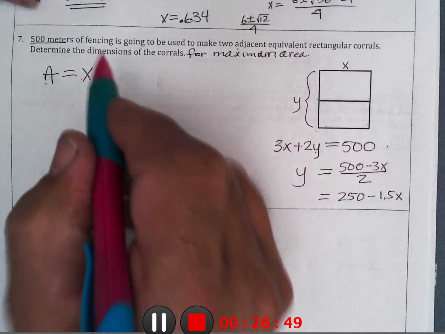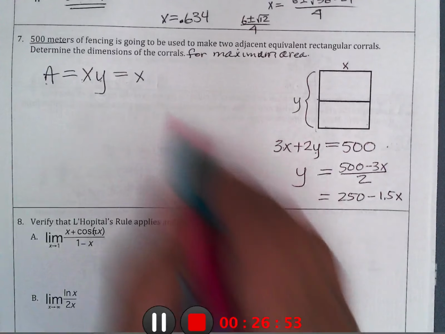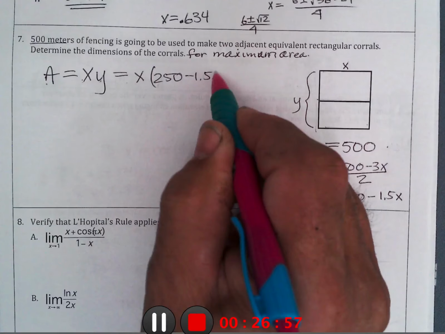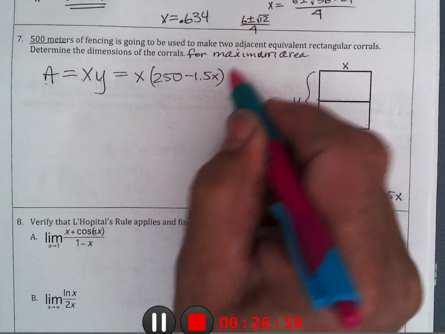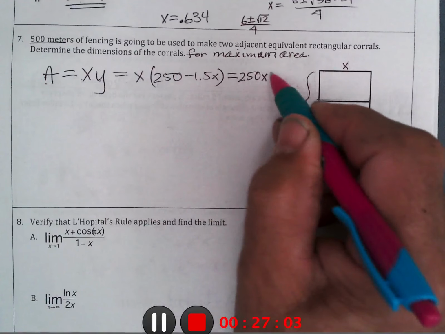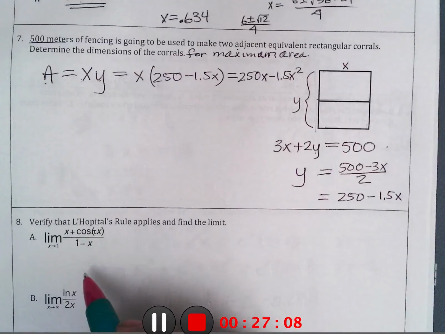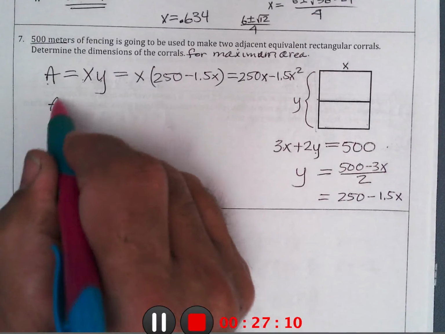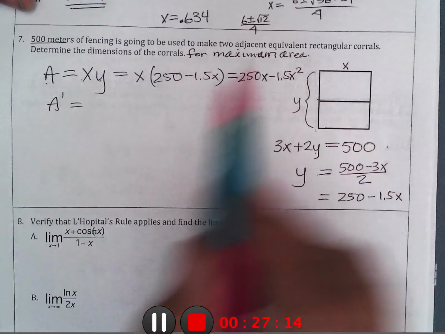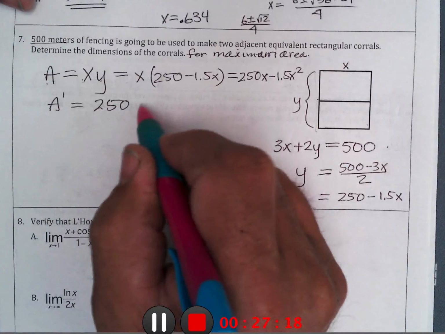So this would become X times Y. And if I distribute that, I get the derivative, which I'm going to have to set equal to 0 to maximize the area, will be 250 minus 3X.